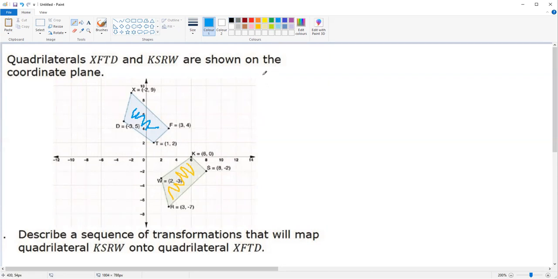I know the coordinate comparison for reflection across the x-axis is going to be x, negative y. First I need to copy those coordinates down: K, F, T, D. I got K at -2, 9, F is 3 and 4, T is 1 and 2, and D is -3 and 5.